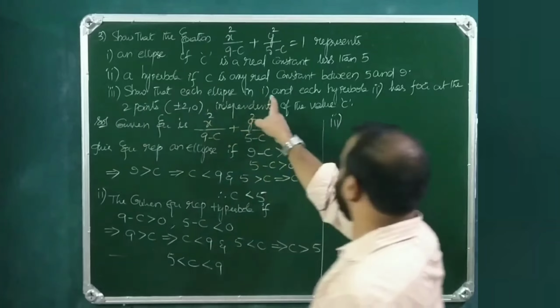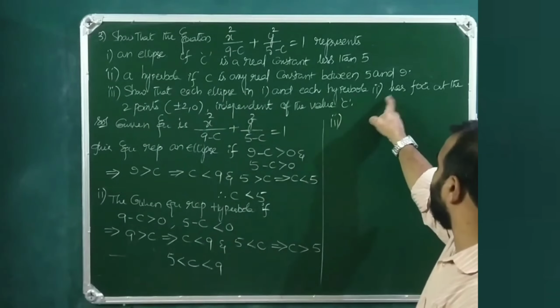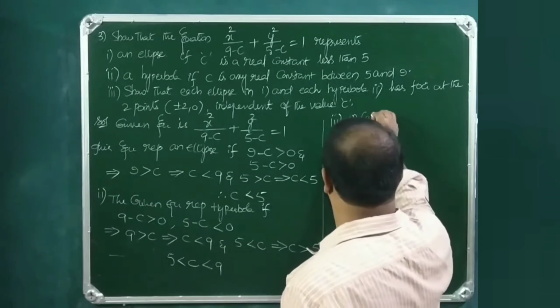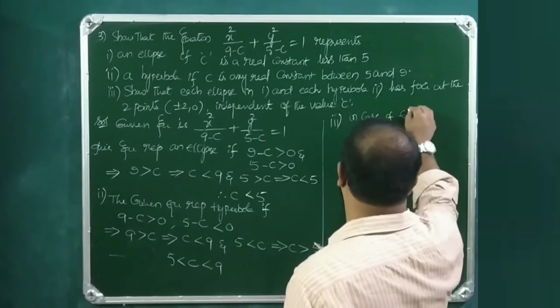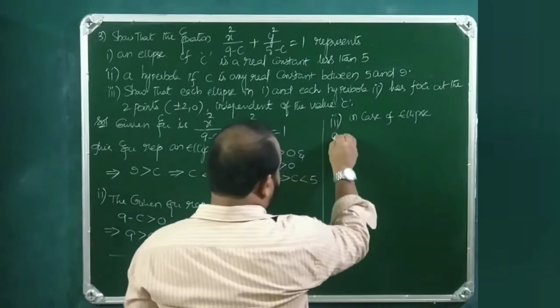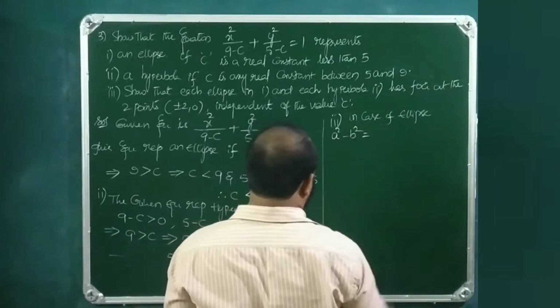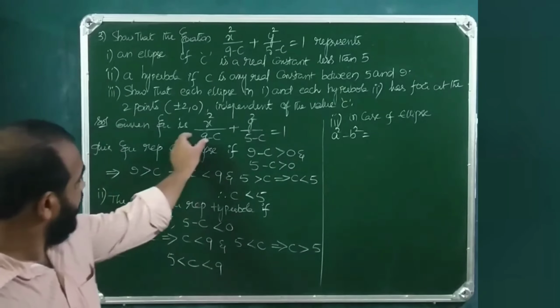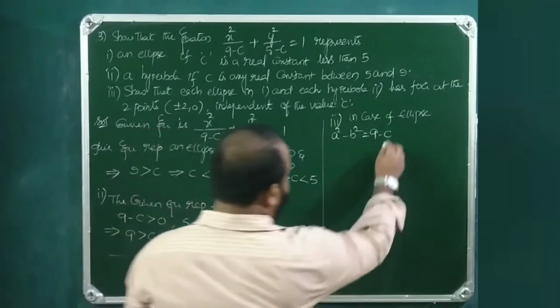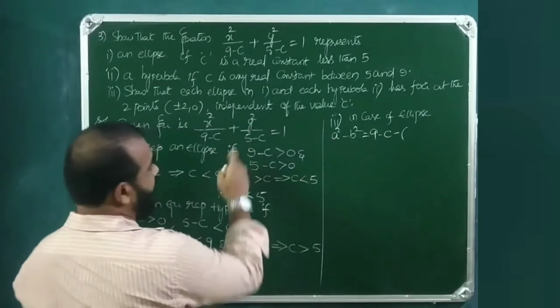Show that each ellipse in 1 and each hyperbola in 2 has foci at 2 points. So in case of ellipse, that is the first case, a square minus b square is equal to, what is a square here? 9 minus c, minus, what is b square? 5 minus c.